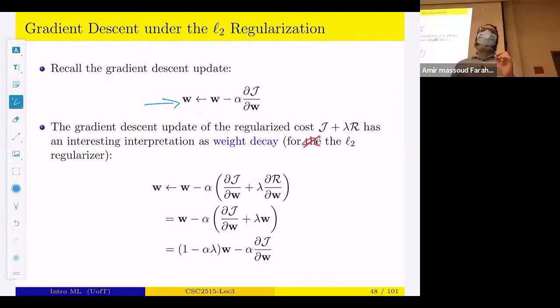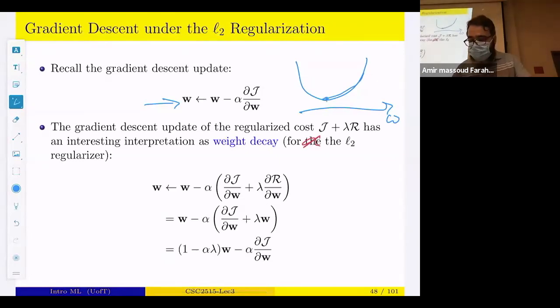Here in this setting, the linear regression with this loss and that linear model, the cost function would be convex as a function of the weights. And basically, if a function is convex, you always converge to its global minimum. But if the function is non-convex, then there might be more than one local minimum. But for this case, because the function is convex as a function of W, the minimum would be unique.